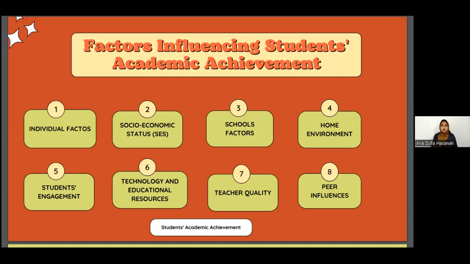Peers can have a significant influence on academic achievement because positive peer relationships, collaborative learning, and a supportive peer environment can positively impact it, while negative peer influence, such as pressure or bullying, can negatively impact academic performance.